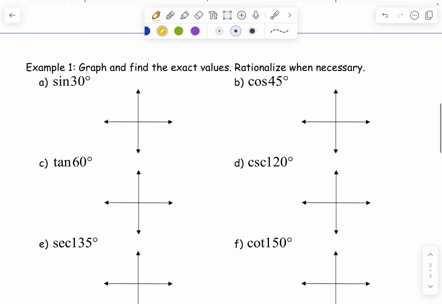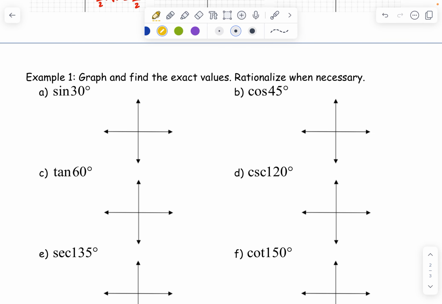So what we're talking about today is finding our exact value. So we're putting it all together. We're putting SOHCAHTOA together with the special triangles, and we are finding the exact value of the sine, cosine, tangent, and the reciprocals of these specific angles. So some important things to remember right here, and this is all, again, earlier in Unit 6.